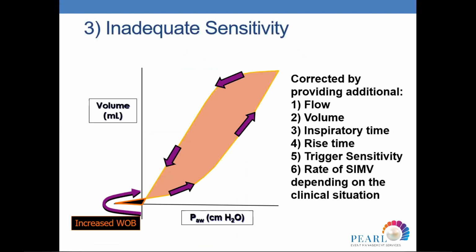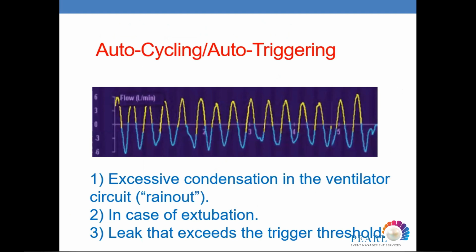According to your machine, you need to understand how you set the sensitivity for the trigger. If it is high sensitivity, fine. But if it is low sensitivity, sometimes the nurses play with it, they don't know what's going on, or it's auto-set. So the baby needs to generate high effort to trigger the ventilator. Again, there will be increased work of breath. So, inadequate sensitivity.